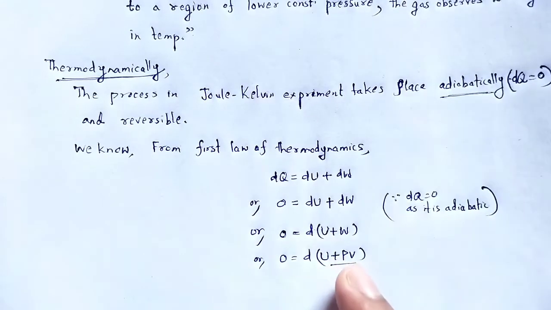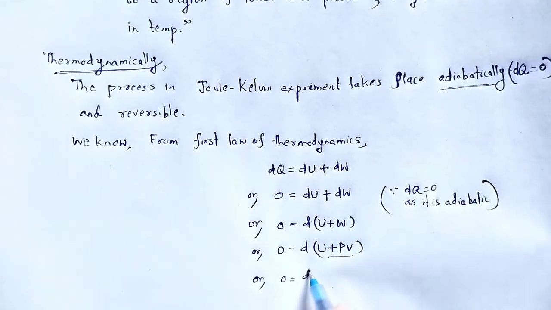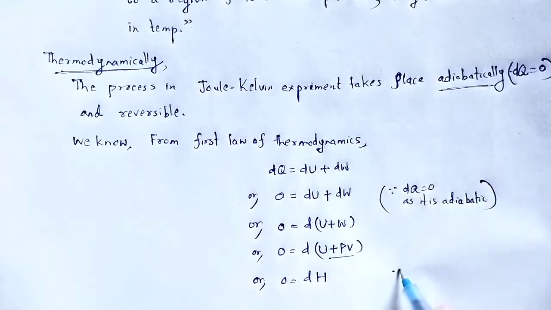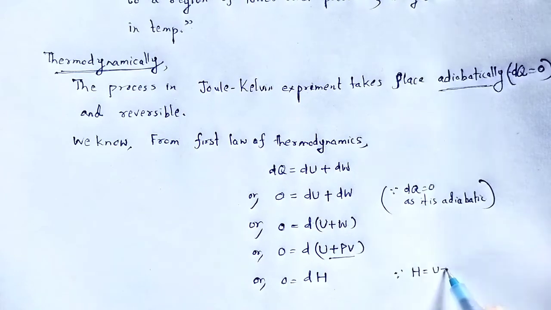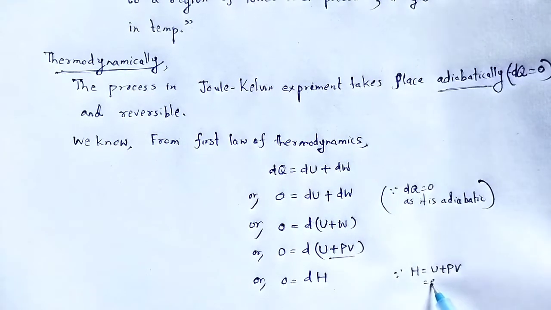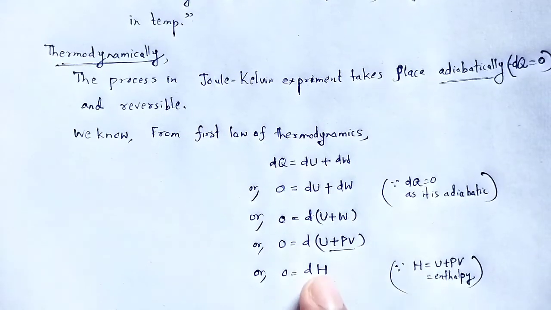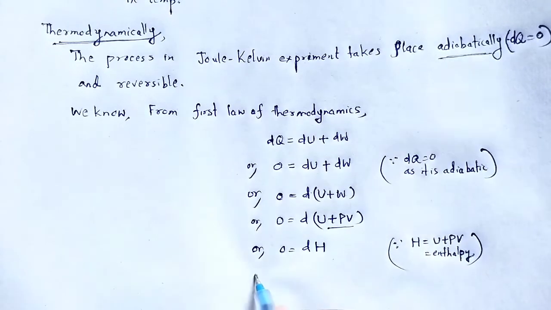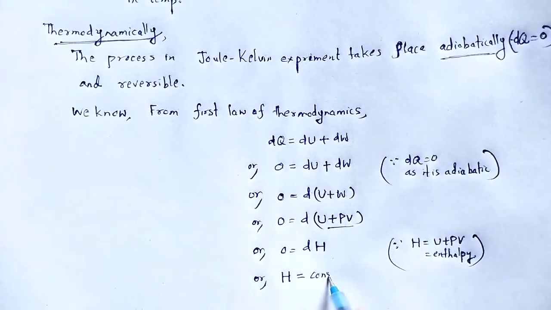U is the internal energy, P is the pressure, V is the volume. So that term is the enthalpy H. The change in enthalpy is 0, so we can say H is constant.